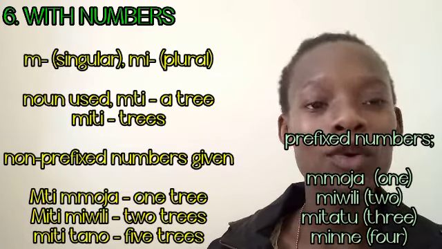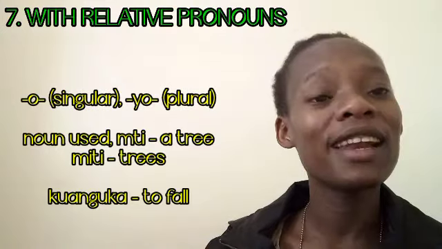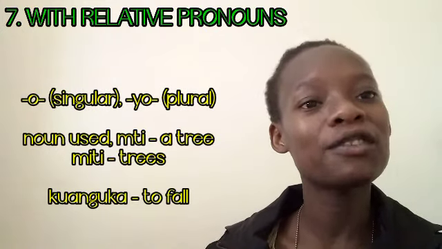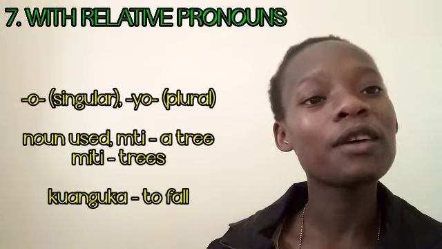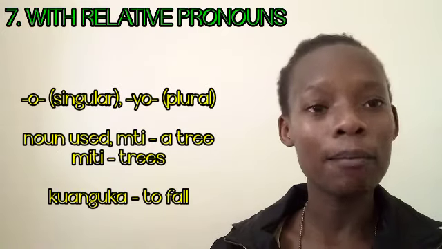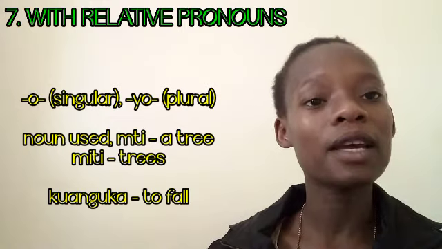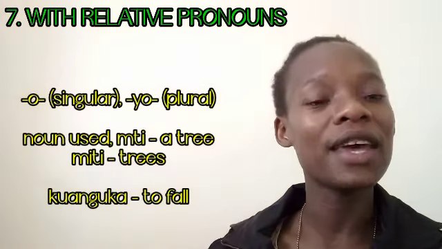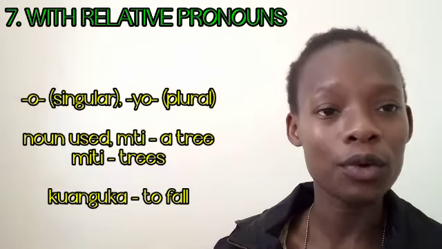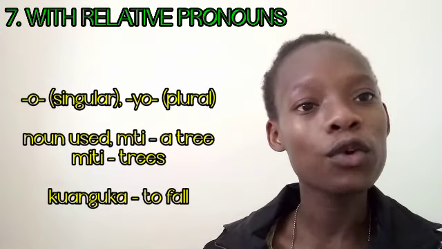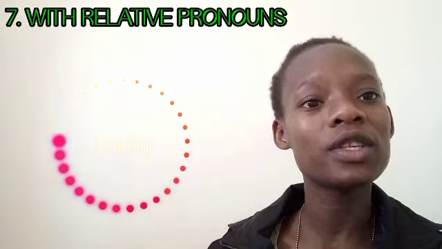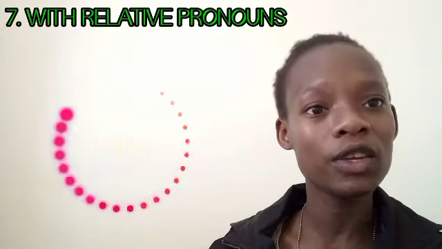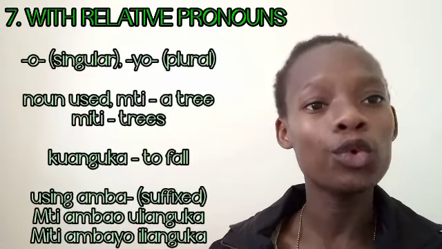With the relative pronoun, remember, a relative pronoun in Swahili can be infixed or suffixed. We suffix it when we use amba, where amba is the prefix and the relative pronoun is the suffix. For this noun class, we suffix o for singular and yo for plural.